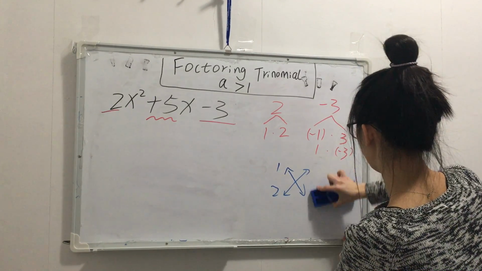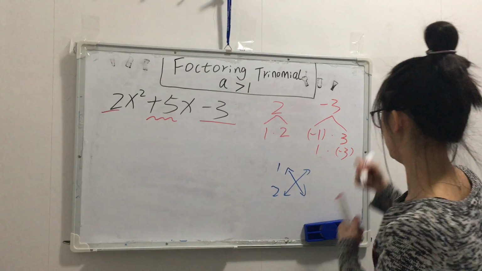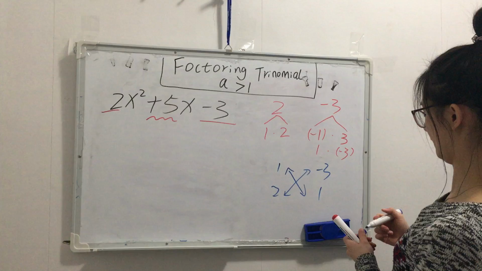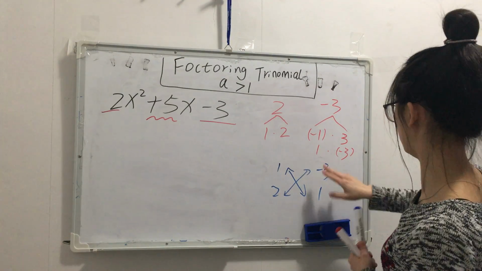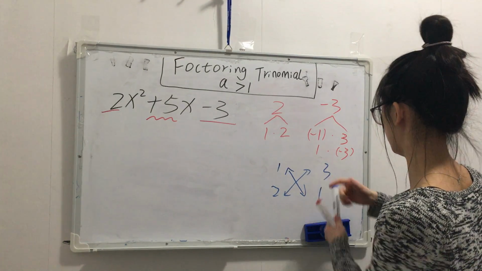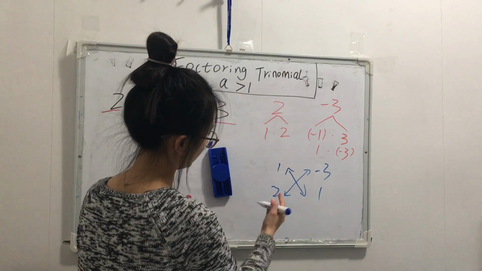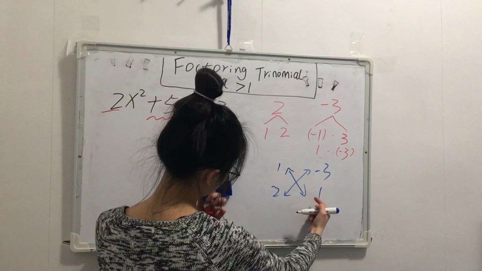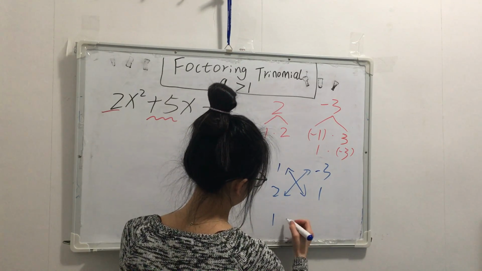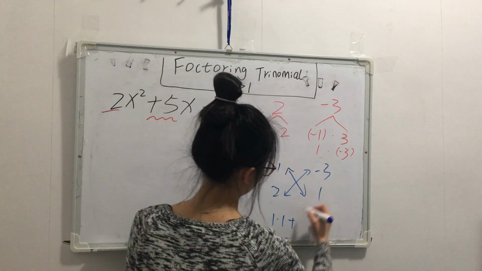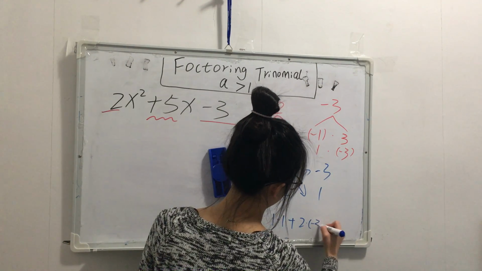How about we try this? It's negative 3 and 1. Then we say 1 times 1 is 1, right? Then 1 times 1 plus 2 times negative 3.